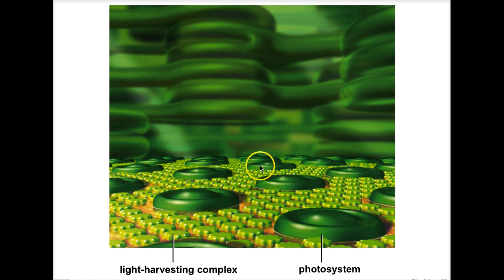And these, which are on the surface, it's a zoomed-in view of the surface of the thylakoid membrane, would be where your pigmented molecules are located and organized into light harvesting complexes as well as photosystems. And these are the primary components needed for the light-dependent reactions.